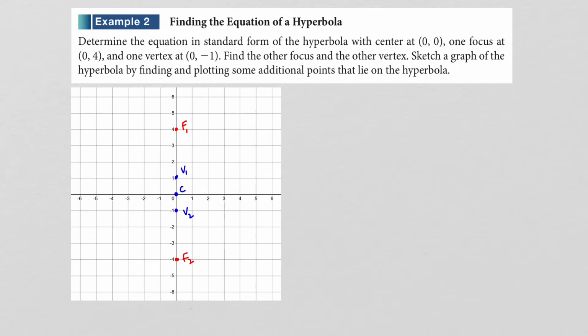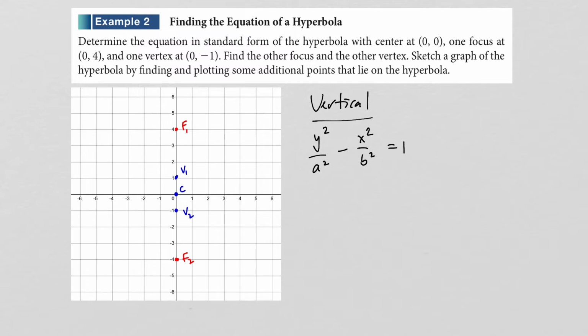Okay? Now, the other thing that we know is that this is a vertical hyperbola because your transverse axis, in other words, the line that has all the important points on it, is vertical. So if we have a vertical hyperbola, we know the equation is y squared over a squared minus x squared over b squared is equal to 1.